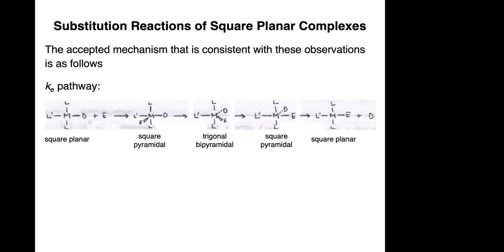And so this pathway is consistent now with, you can see for this activated complex, we expect to have L3, M, D, and E all as part of the species, and we don't need to invoke any solvent molecules here. Okay, so that's the KE pathway.